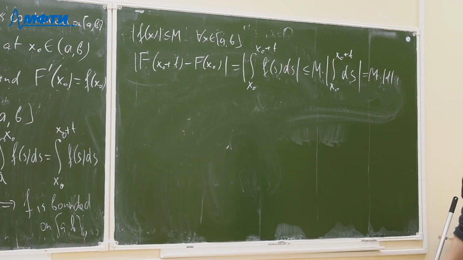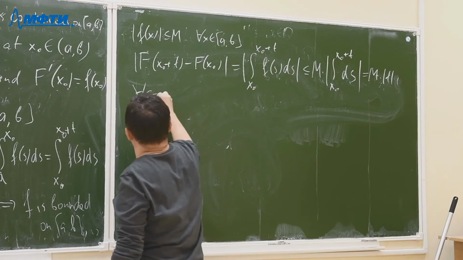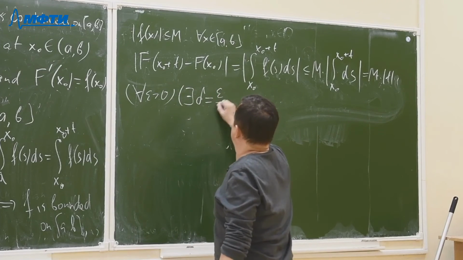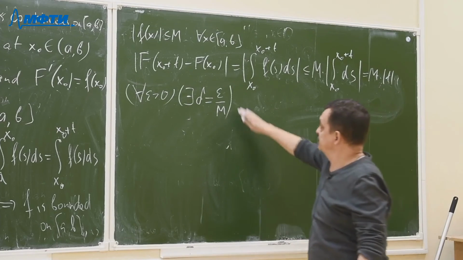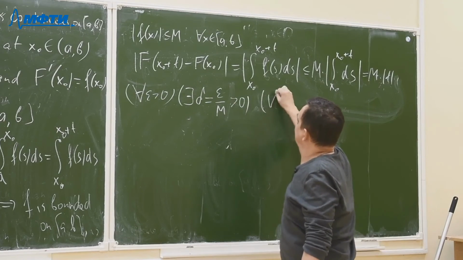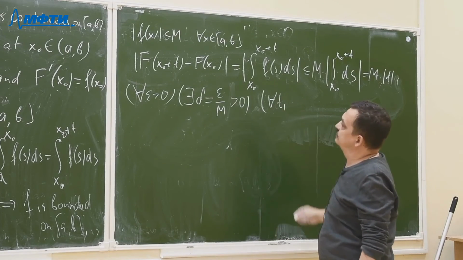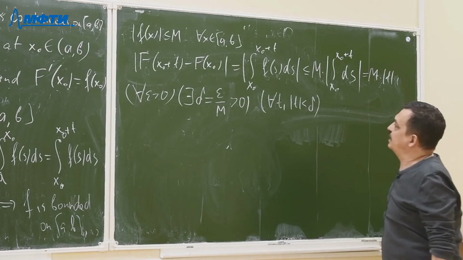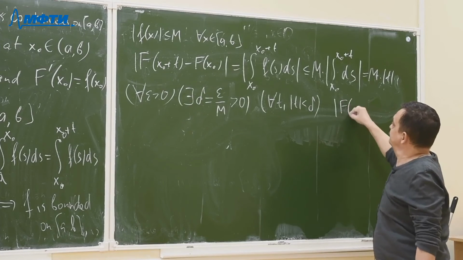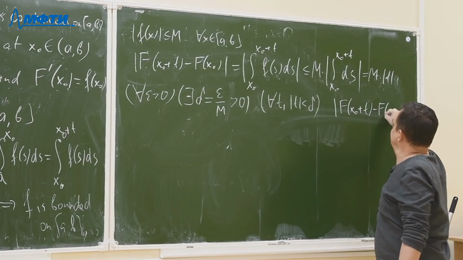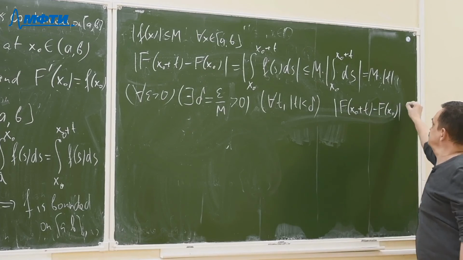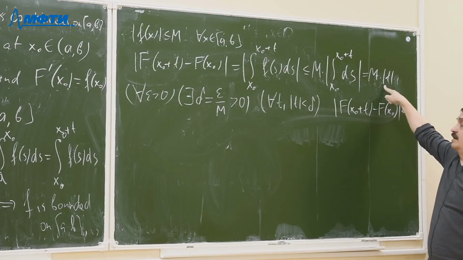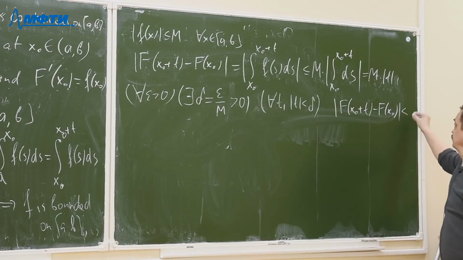So what does it mean? It means that for arbitrary epsilon greater than 0, there exists delta greater than 0, and in fact this delta we can take just epsilon over M, which is greater than 0, such that for all t with modulo t less than delta, we have modulo F of x naught plus t minus F at x naught is less than M times modulo t, and modulo t less than delta, so less than epsilon.